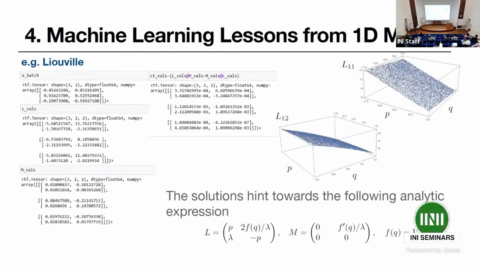This could help you to start building some Lax pairs. Something we also notice is that if you look at the M matrices, this component over here is roughly 1 order of magnitude bigger than all the others.